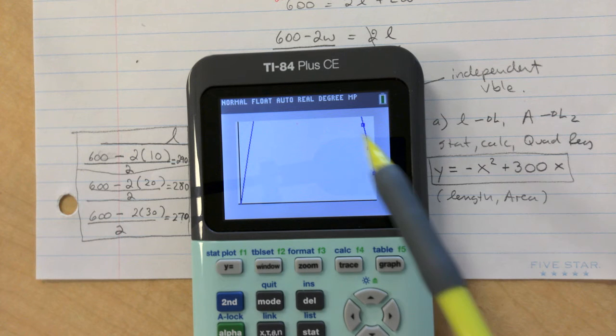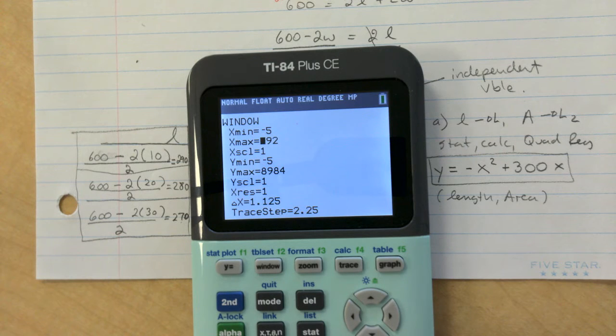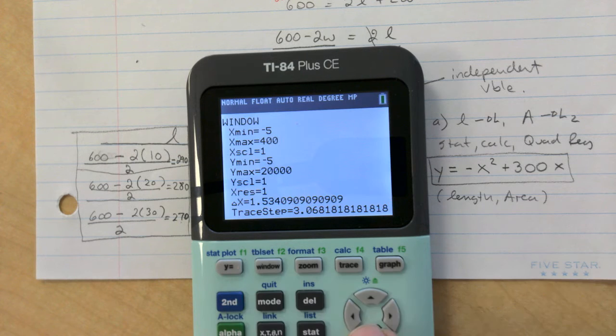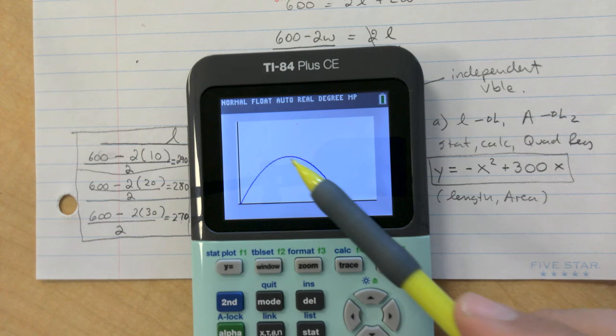So in Window, x-max I'm going to go 400, and y-max 20,000. It's still not enough, so I guess I have to go 40,000. And there it is. As soon as you see the arc, that arch there, then you're fine.